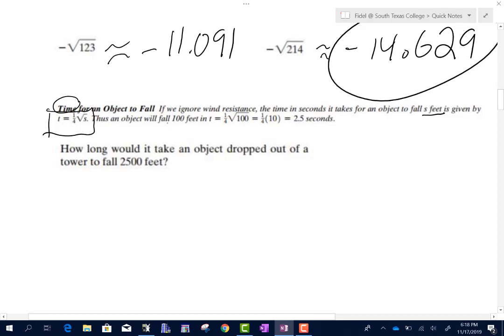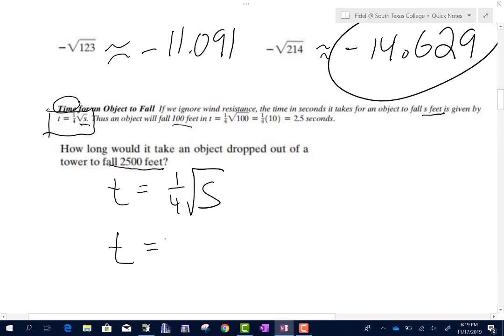So it says, thus an object will fall 100 feet, and all they're doing is they're plugging in the number 100 right in here, 2.5 seconds. Okay, so our question says, how long would it take an object? So we're looking for the time. Okay, I'm going to write out the equation that gives me 1/4 times the square root of s. Okay, out of a tower, if it's going to fall 2,500 feet.